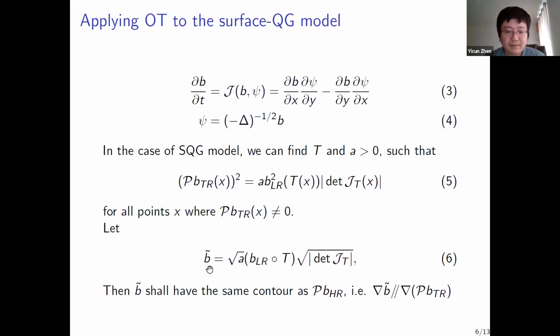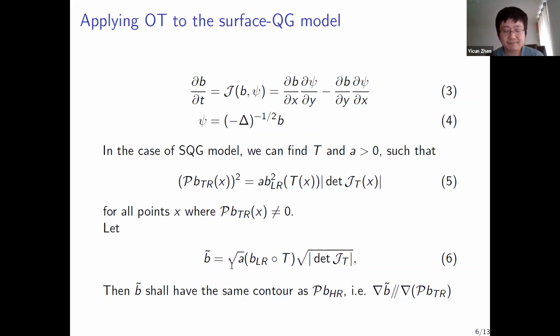Okay. So now we define B theta to be the square root of A times the low resolution buoyancy composed with T, times the square root of the determinant of the Jacobian. If we define B theta in this way, this means that B theta should have the same contour as the projection of the high resolution buoyancy.